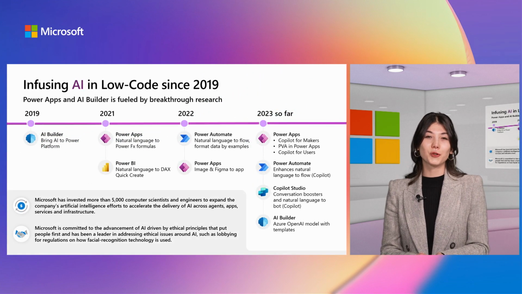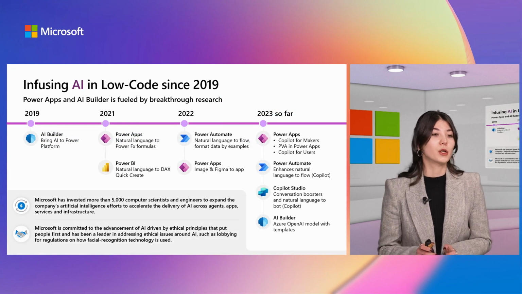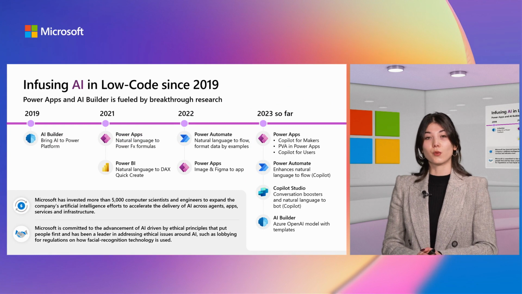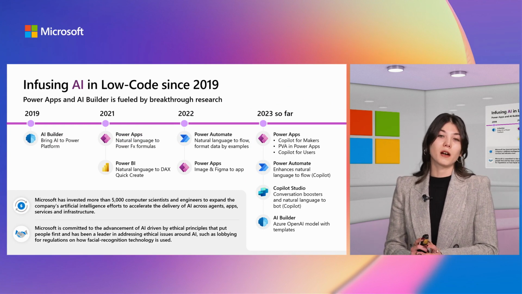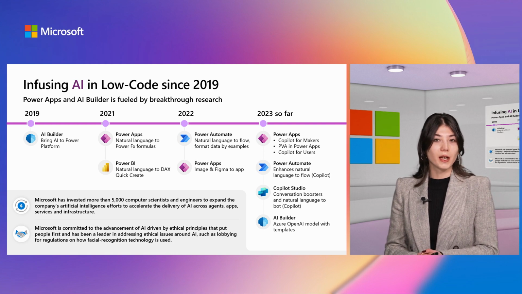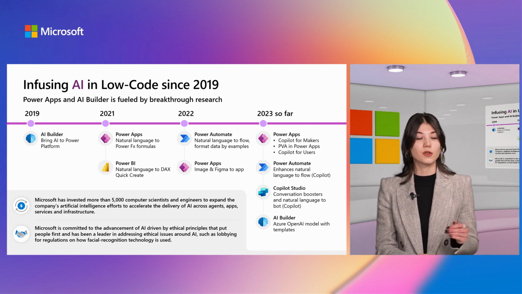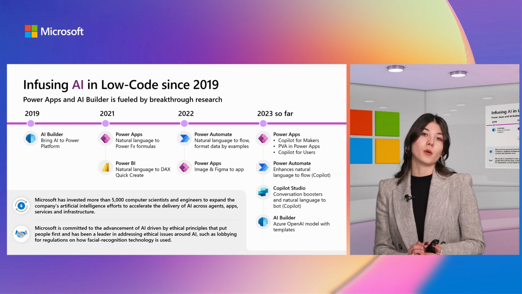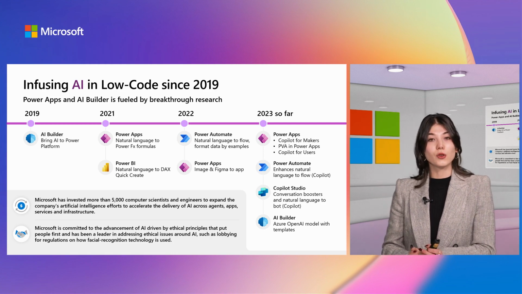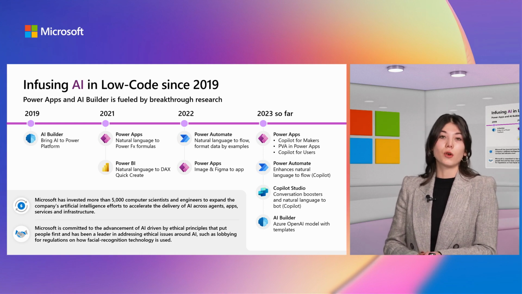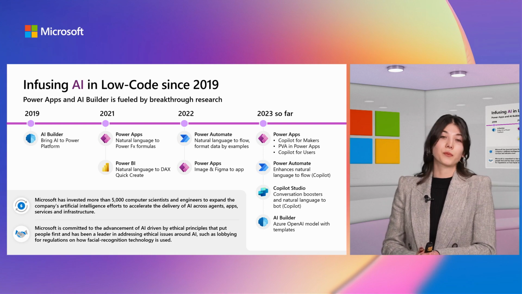All right. Also, to give you a bit more context, because one of the things we'll be discussing a lot today is AI. AI is nothing new. We have been working on embedding AI within the platform since 2019. We started with some AI Builder models, which come from Azure, and those allow you to do certain things like extracting information from documents or detecting objects in images.